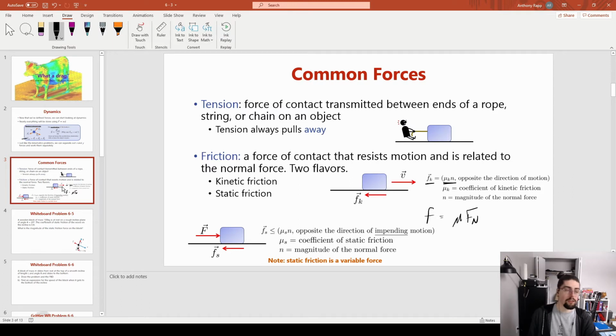Now, on the other hand, the static friction is a little bit more complicated because the equation that we have is not equals to, rather it's less than or equals to. The reason is that static friction is kind of like a reactive force. If I have this book right here, and I push on it just a little bit, it doesn't move.